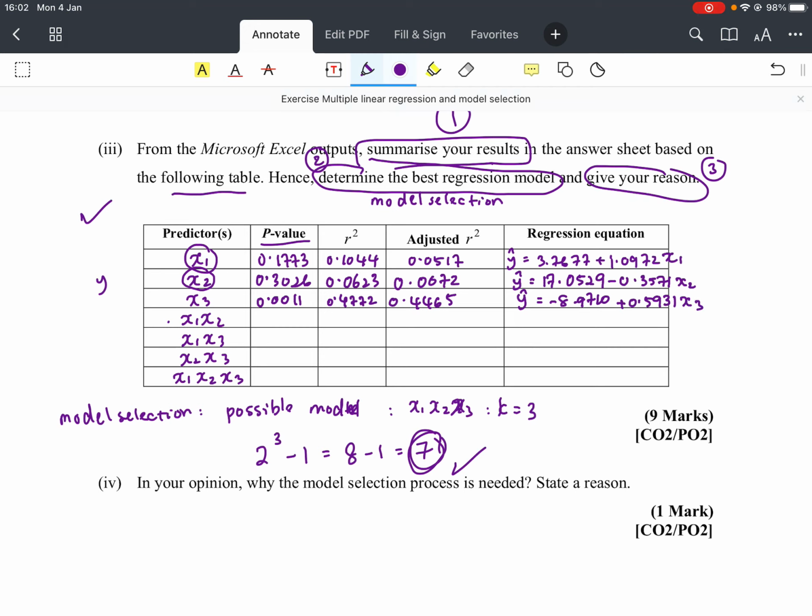Right? For the X1 and X2, p-value, r square, adjusted r square, minus 0.3287. Okay, and then X1, X3.